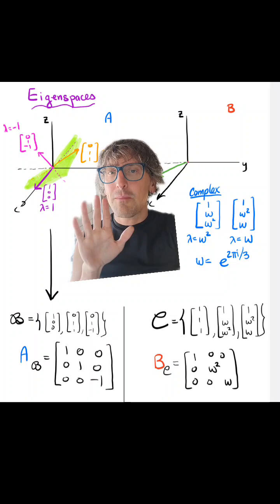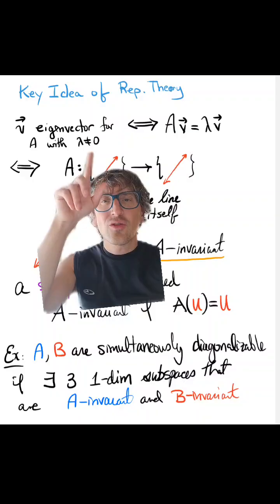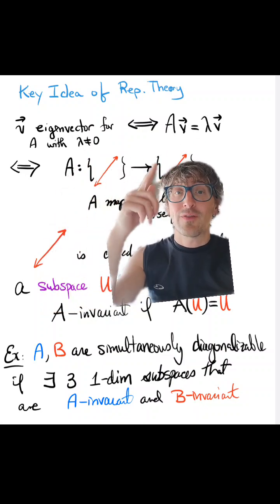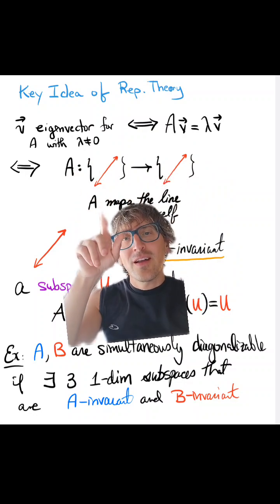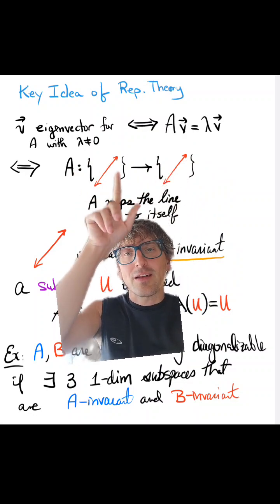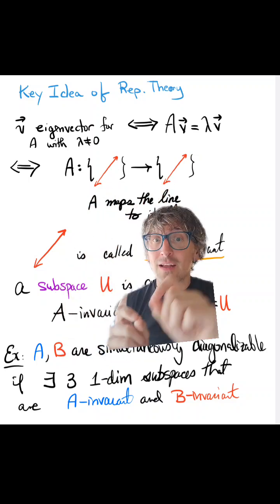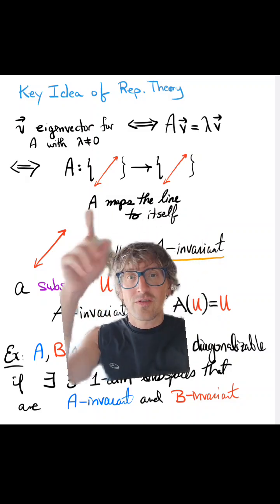But let's try to step back and think about what an eigenvector is more abstractly. So what is an eigenvector? Well, an eigenvector is something that gets sent to a multiple of itself, and we're going to ignore the case that it gets contracted to 0. And so if we think about the line spanned by that eigenvector, that line gets sent to itself. That line might get stretched by a factor of 2 or by a factor of 1/2, but it still goes to itself.